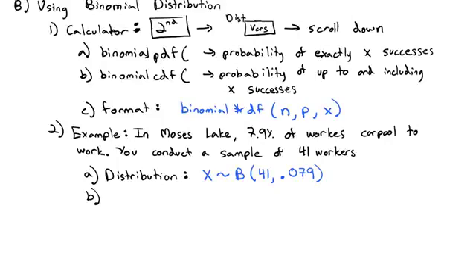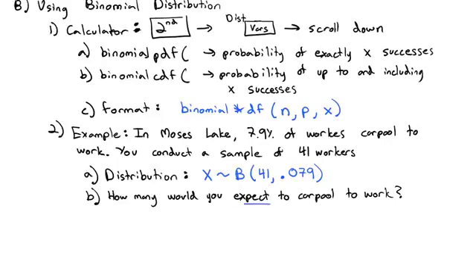So of our 41 workers, how many would you expect to carpool to work? Well, when we're looking at how many we would expect, we're talking about the expected value, or the mean.